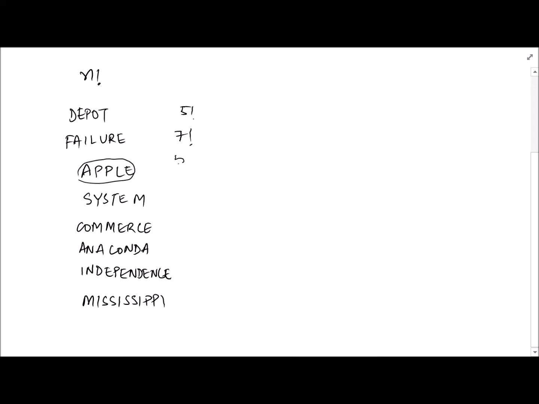5 letters are there, 5 factorial by 2 factorial since p is there twice. 6 letters are there, so 6 factorial by 2 factorial, since s is written twice. Commerce has 1, 2, 3, 4, 5, 6, 7, 8 letters, divided by c coming twice, 2 factorial, e coming twice, again 2 factorial, m coming twice, again 2 factorial.